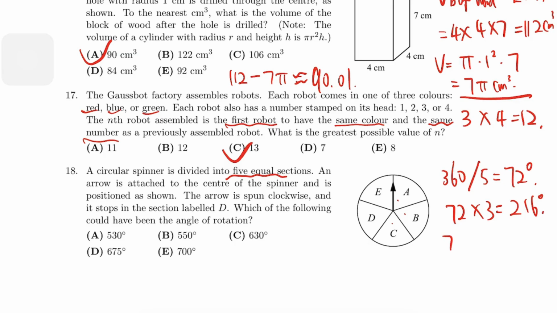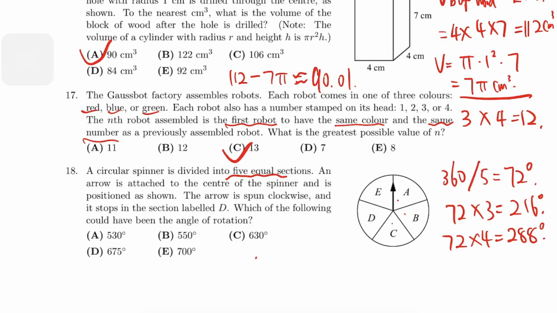And since it's in the section D, it's 288 degrees. So in this case, it should be greater than 216, but smaller than 288. But look at our answer. It doesn't have that, right?